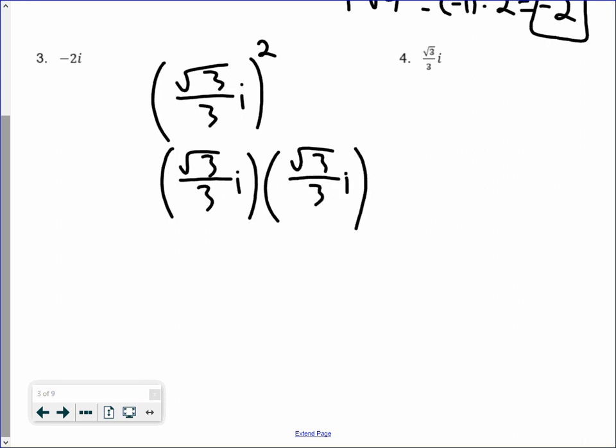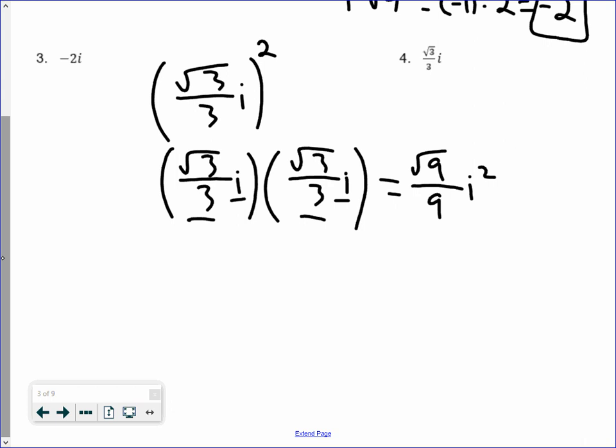We do the same thing, coefficient with coefficient, variable with variable. It's a fraction, so we multiply across. Root 3 times root 3 gives us root 9, and 3 times 3 gives us 9. And then i times i gives us i squared. So that's what we're left with.